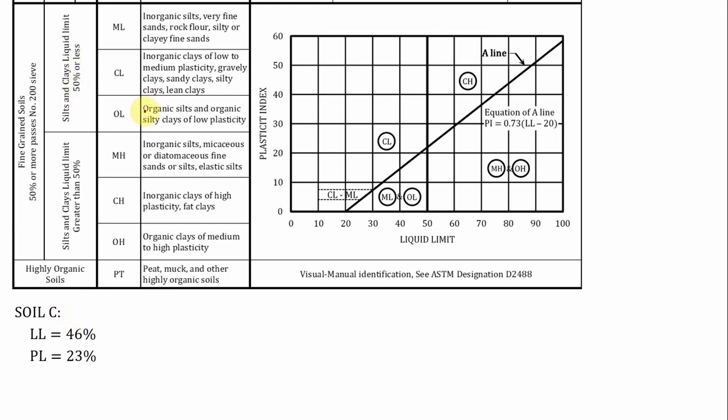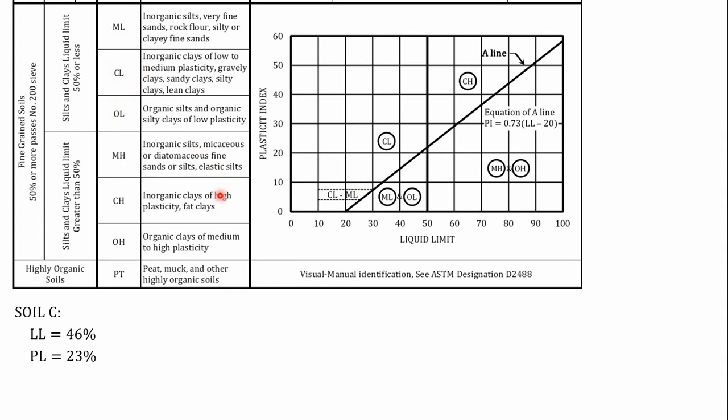So our soil is either ML, CL, or OL. By the way, our soil cannot be OL, because the problem does not mention any organic soil. So we only have two choices, it's either ML or CL.